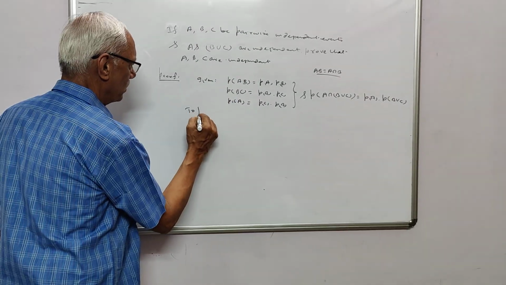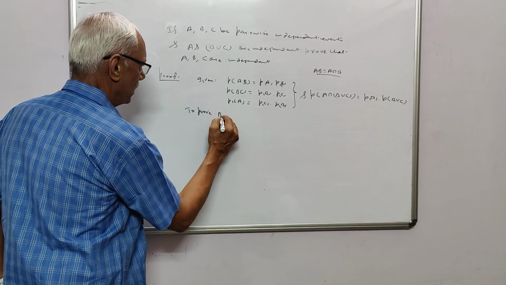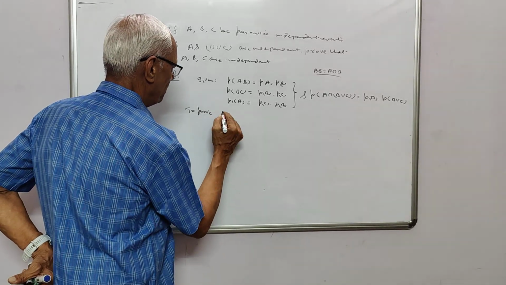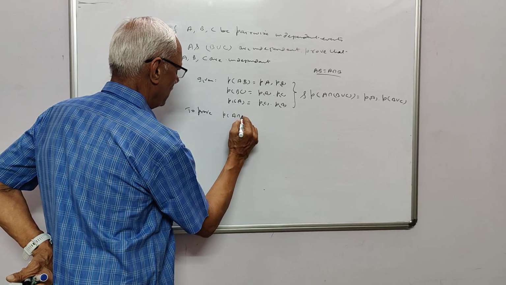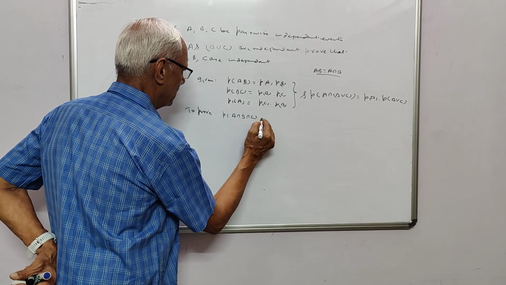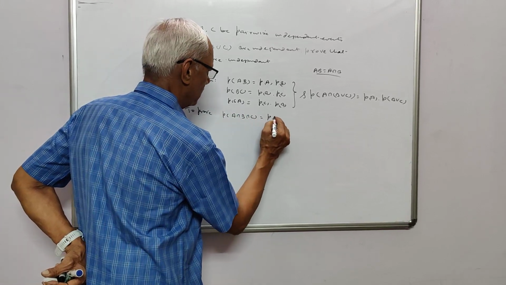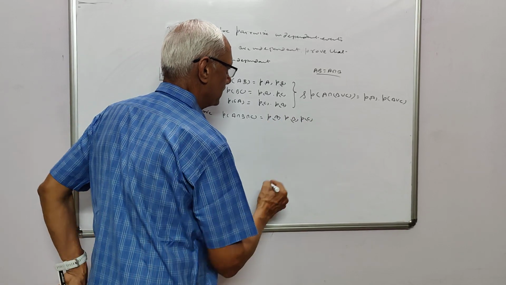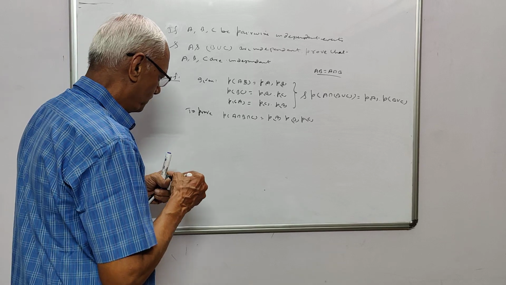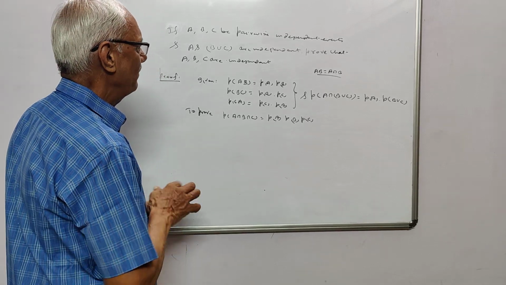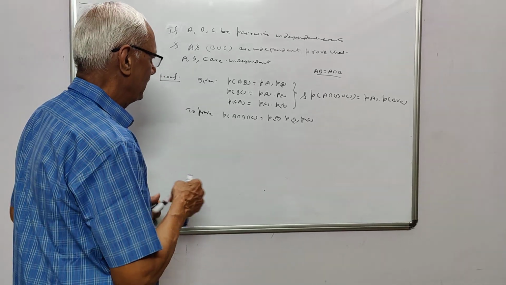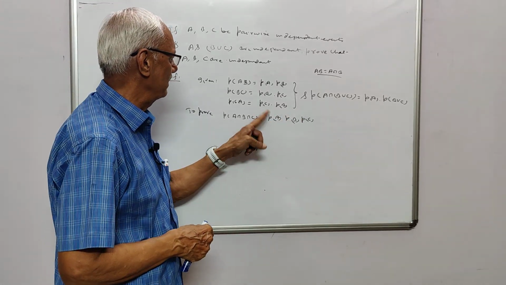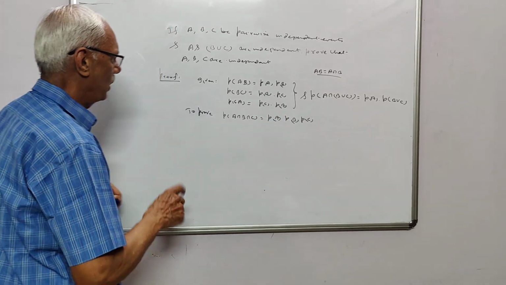To prove: P of A intersection B intersection C is equal to P of A, P of B, P of C. So this is what you should prove. Now, having all these things, you can very well see what I will do here. So this is given and this is given and this is what you should prove.